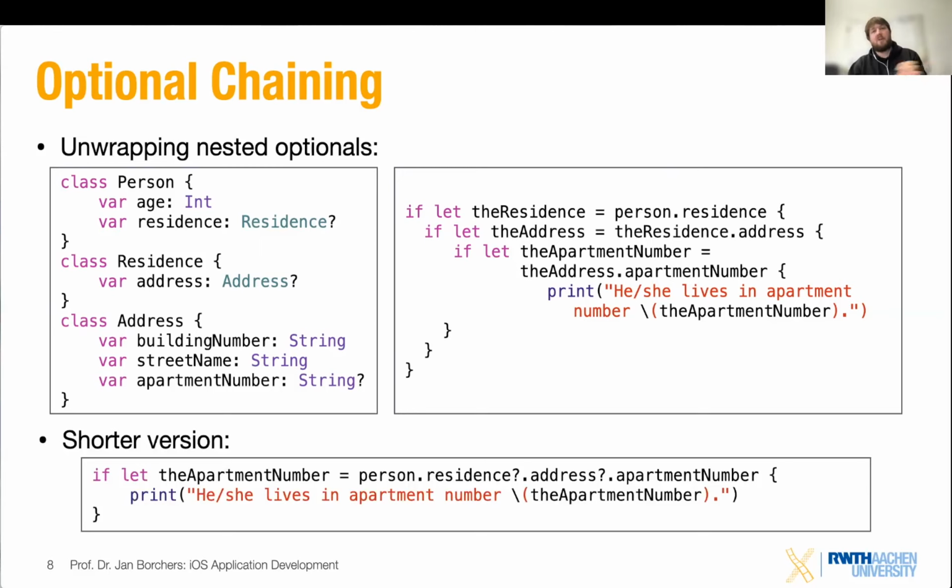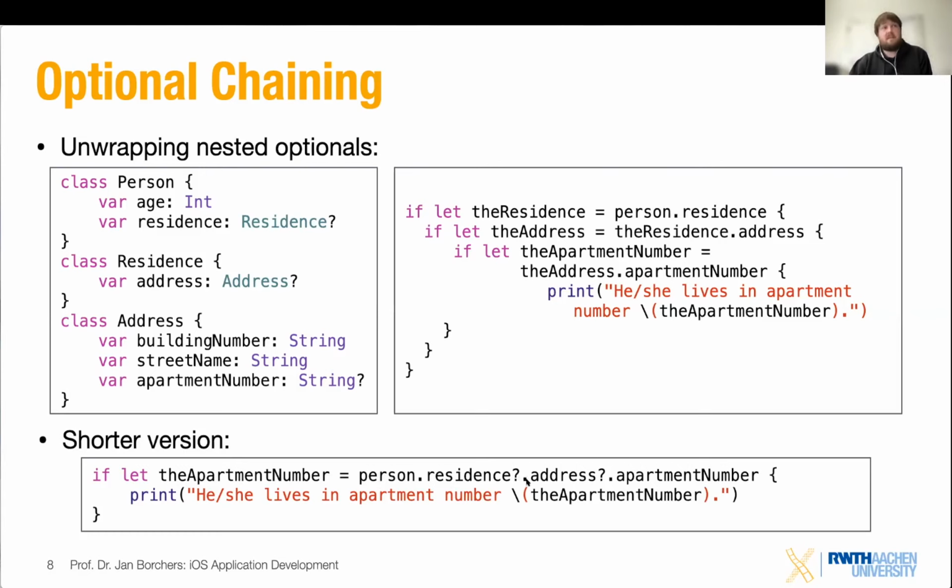So what you're trying here is essentially all these questions or all these assignments you did here individually, you try to do at once. So you have if let the apartment number, you directly try to access the apartment number by accessing the residence with a question mark behind it.